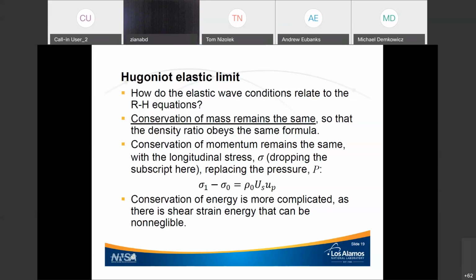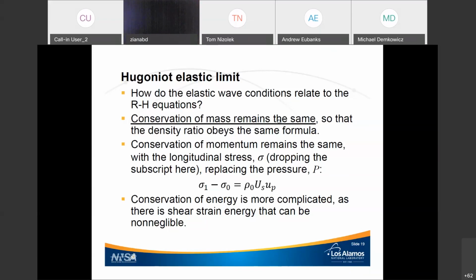However, because we now have significant stresses and significant strains, we can't necessarily assume that the wave is running at what we would call the zero pressure longitudinal wave speed. So, do the Rankine-Hugoniot equations change? Well, conservation of mass remains the same.